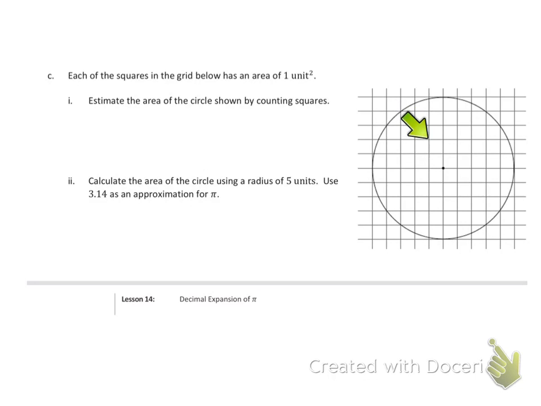So each of these little squares here that I'm tracing out has an area of 1. Okay, so they're 1 by 1. Estimate the area of the circle shown by counting squares. So I'd encourage you to pause, and you've got this in your notes. So find some way to mark them and count them and see what you come up with.